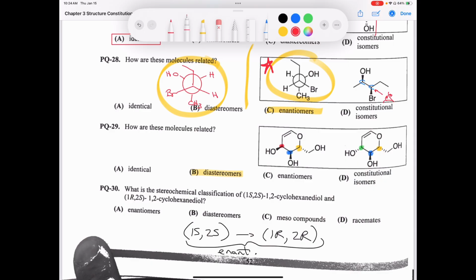But you're only flipping one of the stereocenters, the first one, so 1R and then 2S. So they're the same at one stereocenter and opposite at another, and so they're not enantiomers, but they're stereoisomers. Therefore, they are diastereomers. And so the answer is going to be B.